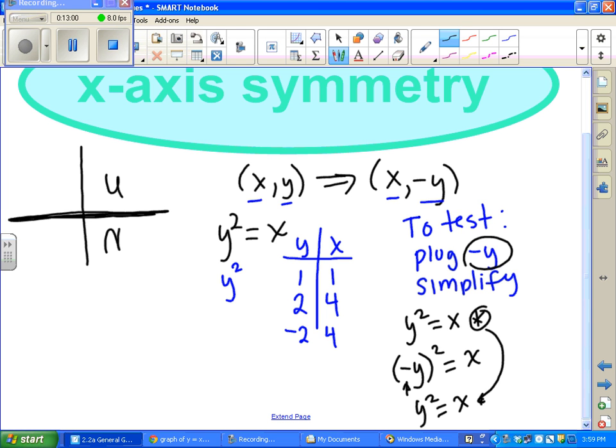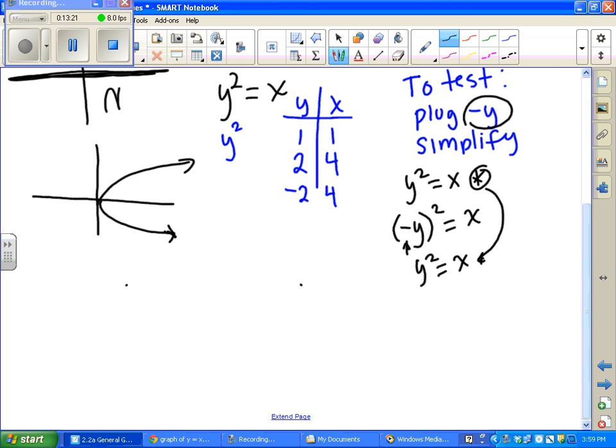Another way to look at how to graph this, and we haven't gotten there yet, and we're going to get there, I promise you, but if I was going to graph it, your graph in the end is going to look sort of like this. Okay. So if you needed to graph it, we have to have y by itself. Our calculator doesn't have a graphing function that you could put in y squared equals x, so let's get y by itself.